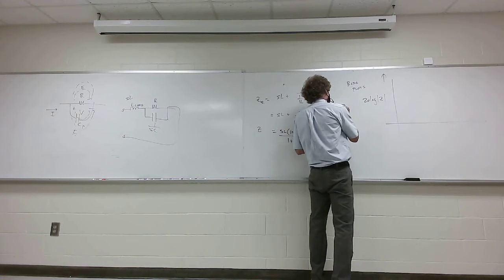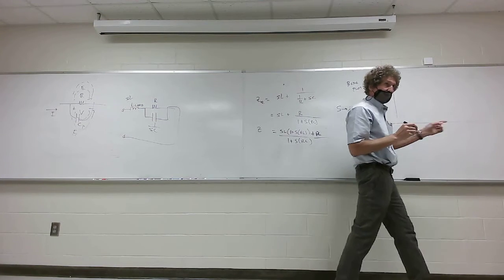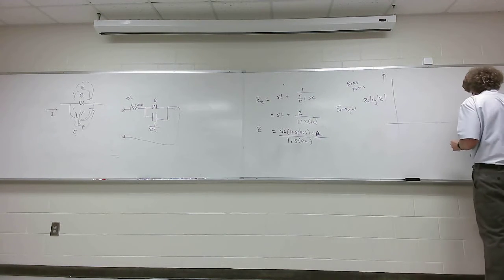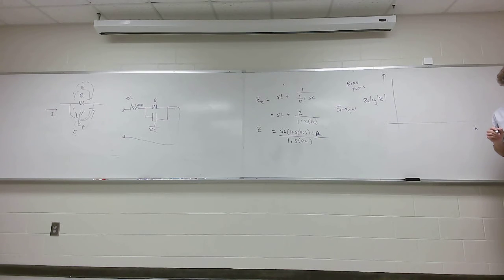They let S become J omega, and on this axis here, they're going to plot either omega or F, either one, and it won't matter because it's logarithmic, all right? Now, y'all remember this? You remember Bode plots?